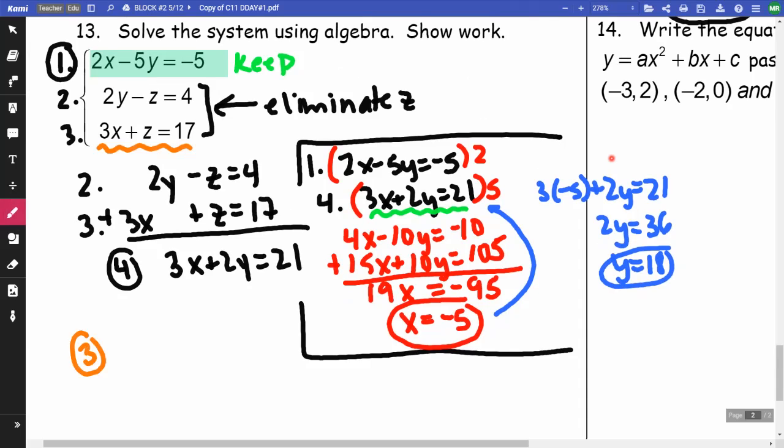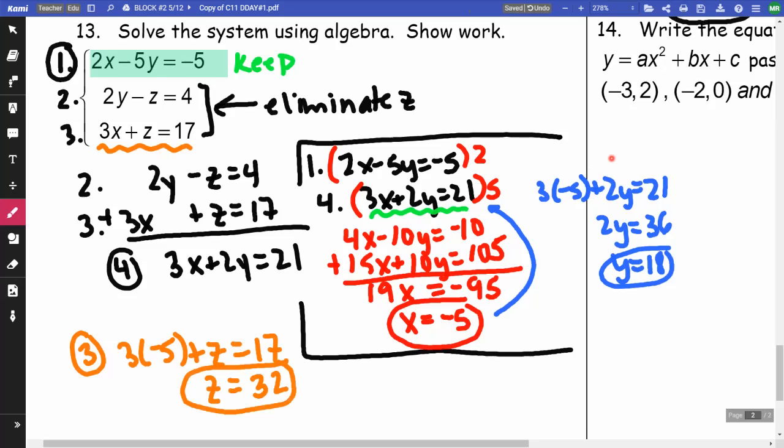So into equation 3, I'm going to have 3 times my x, which is -5, plus z equals 17. That's -15. I'm going to add 15 to both sides, and I get 32. That's my z. So my point is -5, 18, 32.